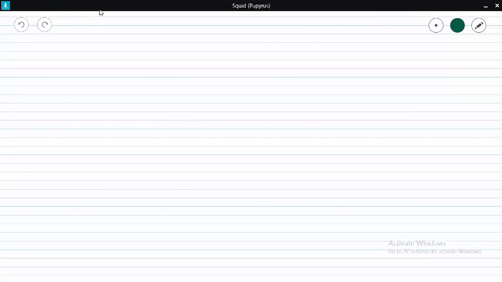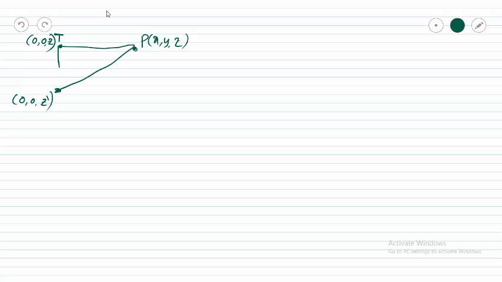If you look at the figure, I can extract these 3 points. One is point P, x comma y comma z, and point T, which is 0 comma 0 comma z, and one more point where dl has its reference, 0 comma 0 comma z dash. So these 3 form a right angle triangle, and this angle is what we called alpha, this is rho, this is r, and this is z minus z dash.